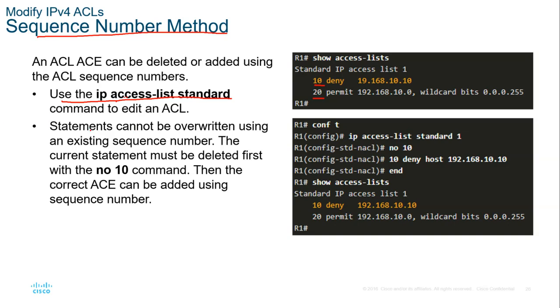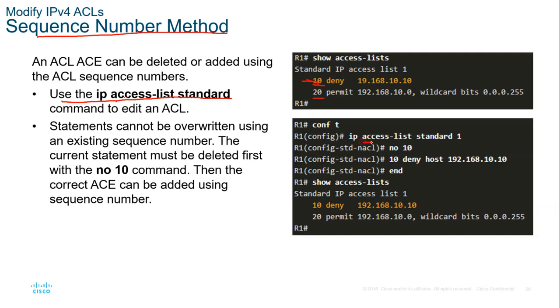The statement cannot be overwritten using an existing sequence number. The current statement must be deleted first, so you cannot use 10 again. For example, if you have 10 here and you put another one with 10, it won't be overwritten. So what you can do is first remove this and then put in the new one with the same sequence number.